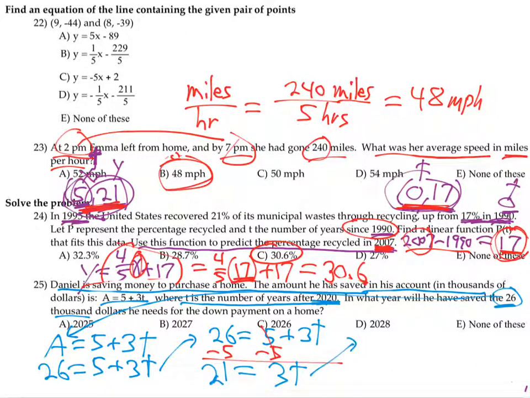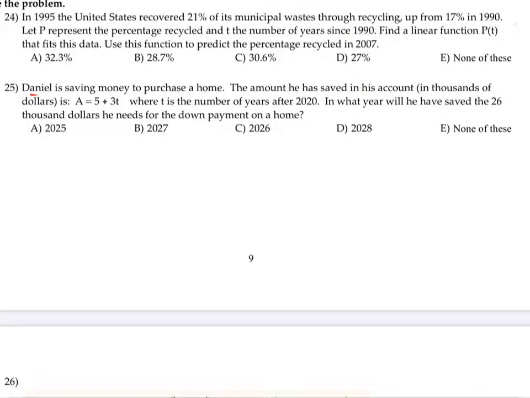Let's bring that over here. 21 is 3t. How do we finish solving for t? Divide by 3, boom. t equals 7. 7 years later. 7 years after what? After 2020, that's when it started. So that'd be 2027. There we go. Oh, we could have done the problem right there.